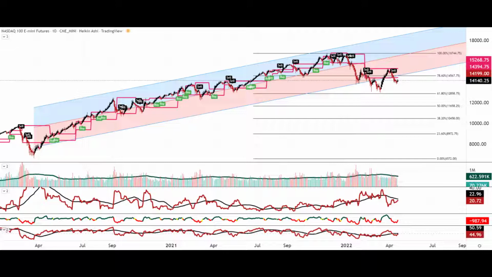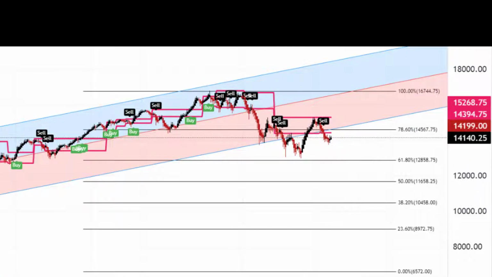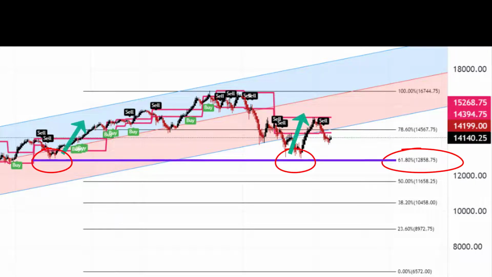Now the big takeaway from this chart for me is the Fibonacci setup I've got on here. I've gone from the March lows of 2020 up to the highs, and that's plotted the numbers, and it's that 61.8% line. Look how many times the price has wanted to bounce back from there.